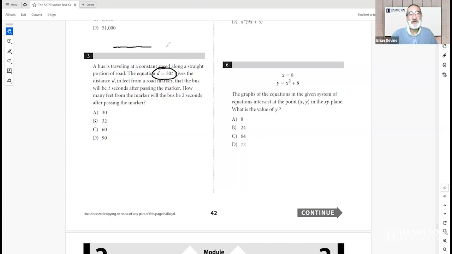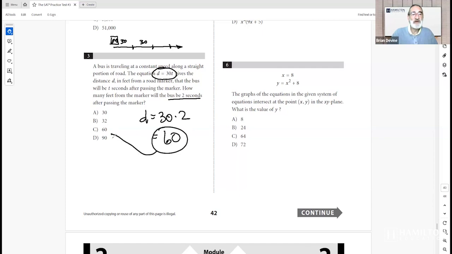So a bus is tootling along, it passes some marker, and then we go 30 every t. So how far will the bus be past the marker after 2 seconds? Well, 30 for the first t, 30 for the second t, or D equals 30 times 2, which is 60. So C is your answer.